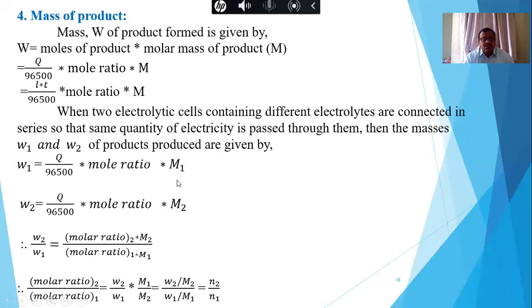In place of W, we can write W1 for the first mass and W2 for the second mass. So W1 is equal to Q upon 96500 into mole ratio into M1, and W2 is equal to Q upon 96500 into mole ratio into M2.